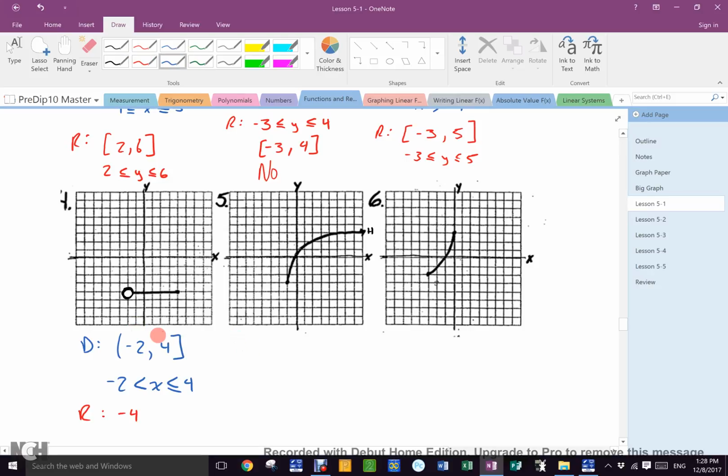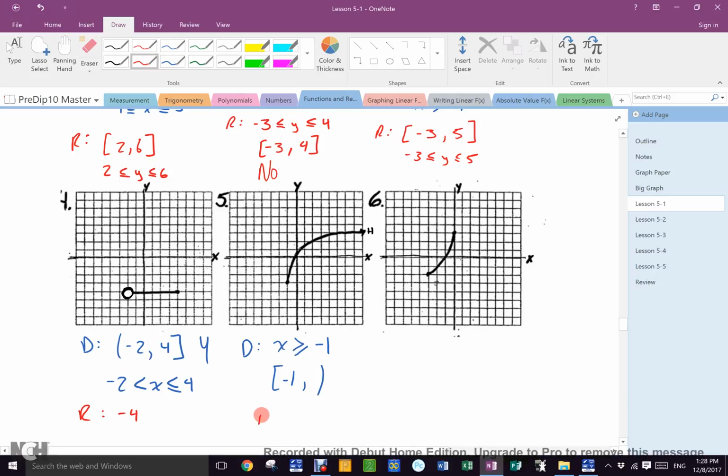Oh, and that is a yes for a function. Number 5. Domain, I do domains in blue. -1, comma, round bracket, infinity, or not infinity, or blank's fine.